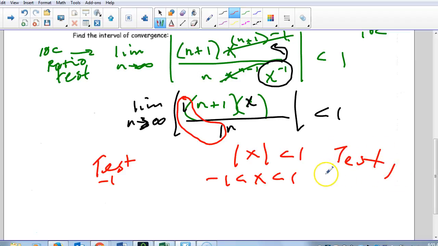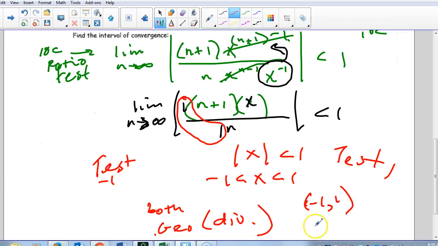They both wind up being geometric series, which diverge. So my interval is truly negative 1 to 1, not because we just said it has to be negative 1 to 1, and the radius is 1. So interval of convergence, radius of convergence.